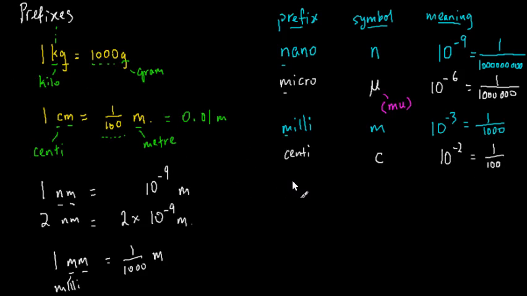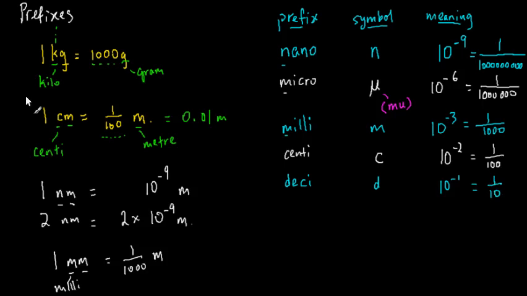Let's press on. The next one is a slightly less familiar prefix. It's called deci. Now the symbol for deci is D, and the meaning is 10 to the power of minus 1. This one is less commonly used, and it means 1 over 10.